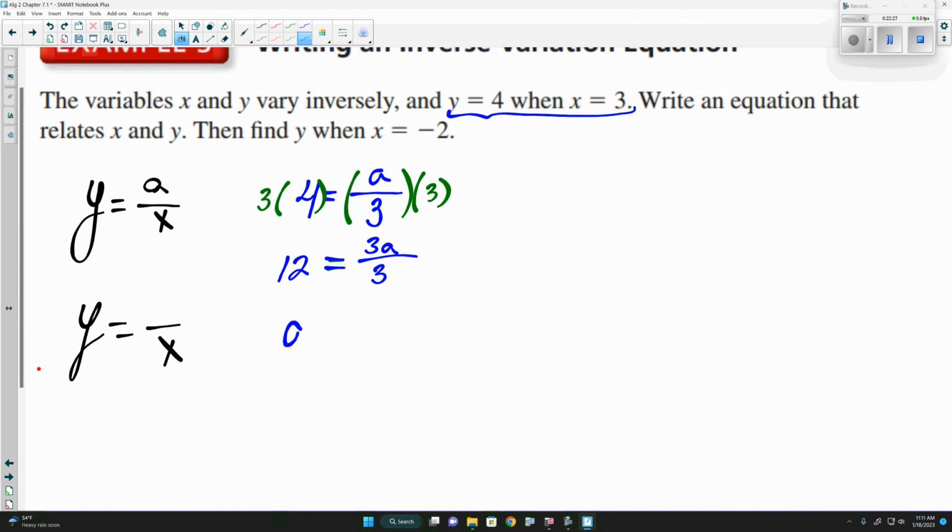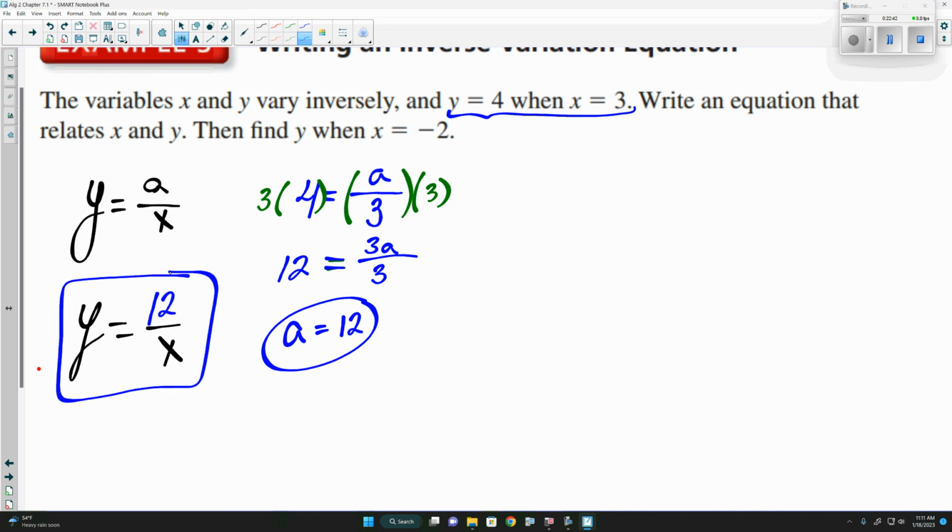So we just have a is equal to 12. Because 3a divided by 3 is a, and we have 12 on the other side. So our equation that relates x and y inversely is y is equal to 12 over x. So that's the first half.